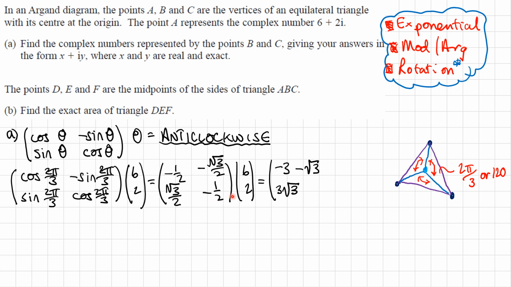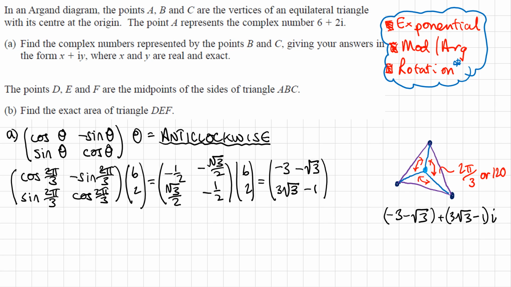And then we're going to do negative a half times 2, so minus 1. Right, so let's write that down. So we have negative 3 minus root 3, and then plus (3 root 3 minus 1)i. Okay, so let's highlight that.